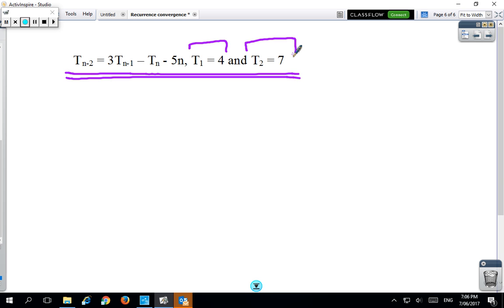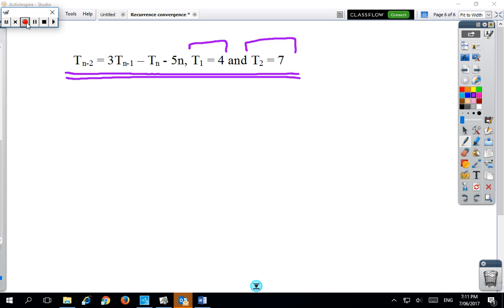Term 3. N minus 1, N. There's term 1, there's term 3. So this one's been put up for several different reasons.